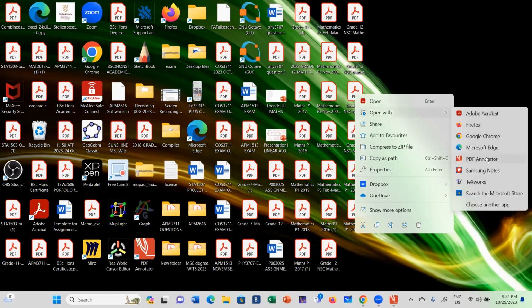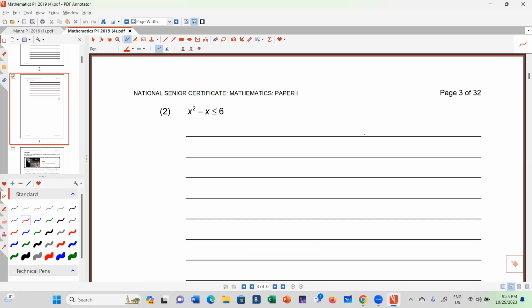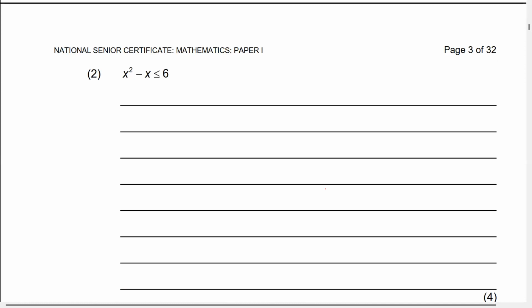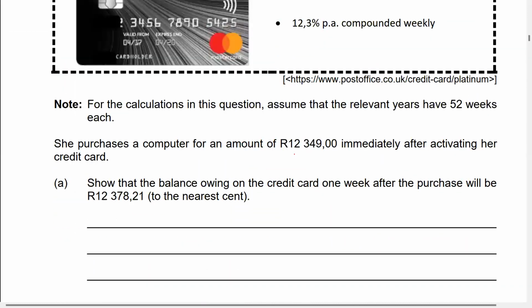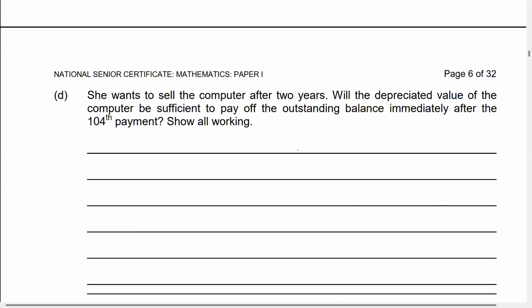We have exactly that. This is the paper we're looking at. What other question would you like us to do? Question 3, number A2. Okay, 3A2, let's look at 3A2.